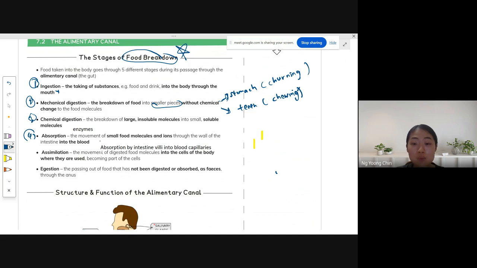See this one, the wall of the intestine, they actually refer to the intestinal villi. This is the intestine wall. On the intestine wall, there are actually villi lining it. Those are the villi.